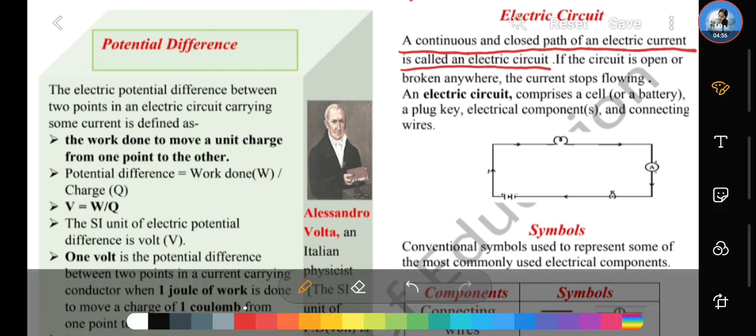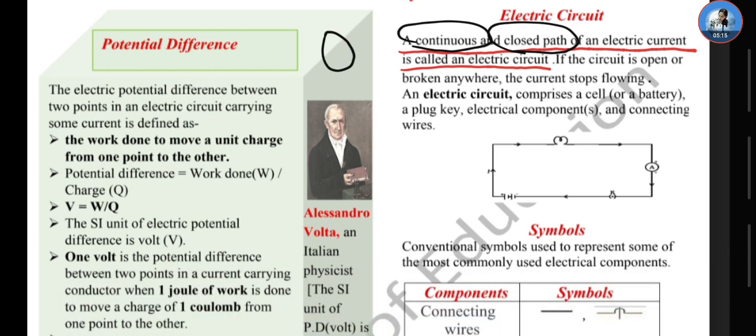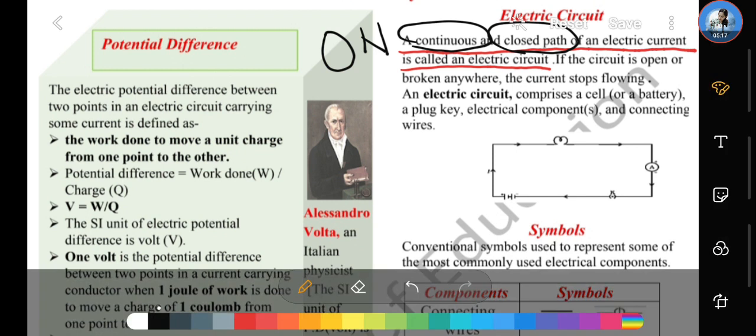Here you can focus on that word, students, that is very important: continuous and closed path. It means the circuit is set closed when there is a continuous current flowing and it is closed. It means switch on. Switch on means closed circuit.